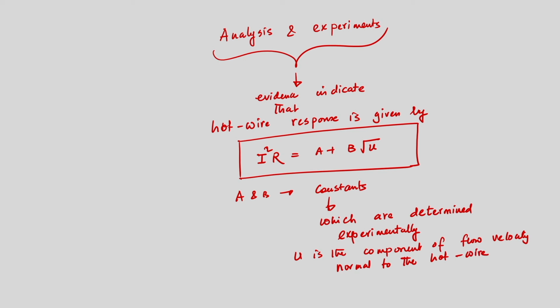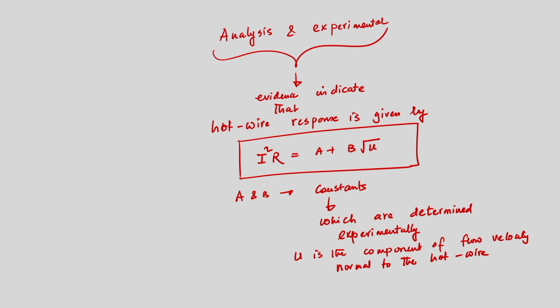So, from analysis and experimental evidence, the hot wire response is given by I square R is equal to A plus B root u. A and B are constants which are determined experimentally.